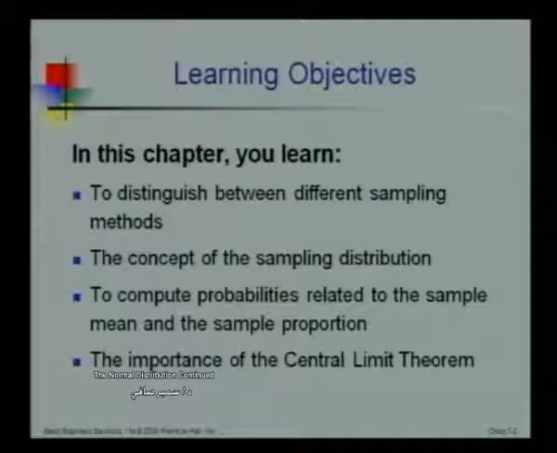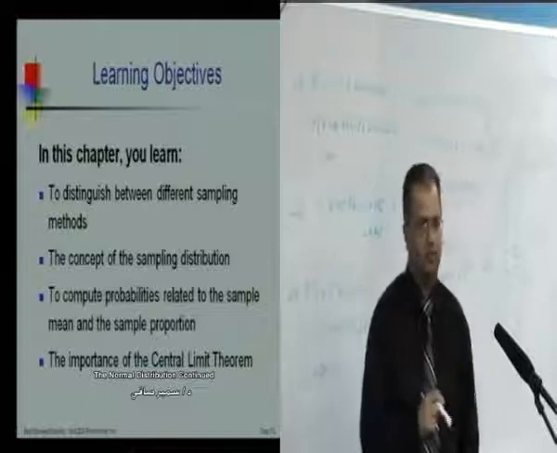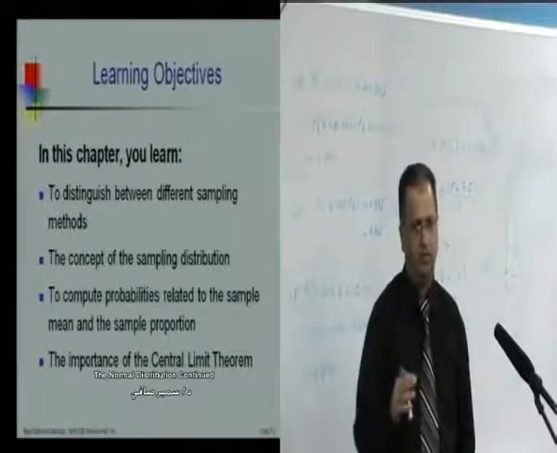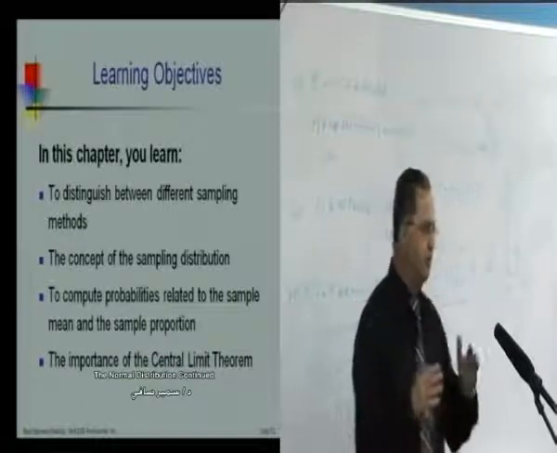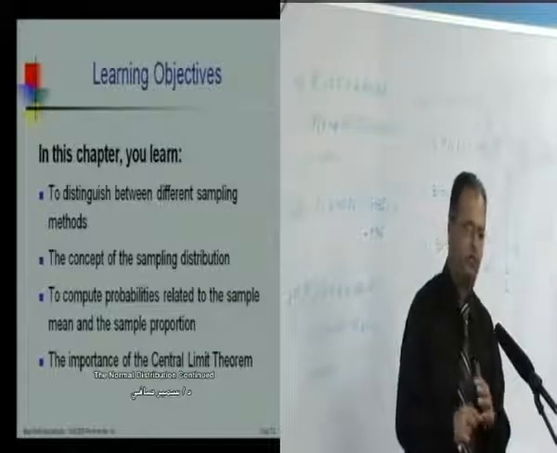Mainly, there are 4 learning objectives for this chapter. Number 1, we have to distinguish between different sampling techniques or methods. We'll talk about probability and non-probability sampling, and we have to distinguish between these two.